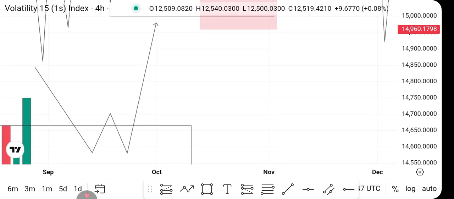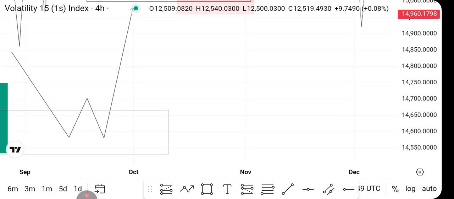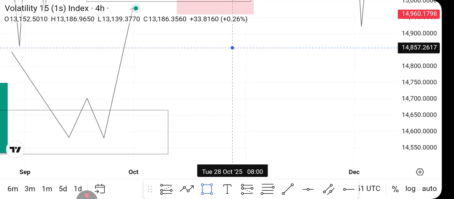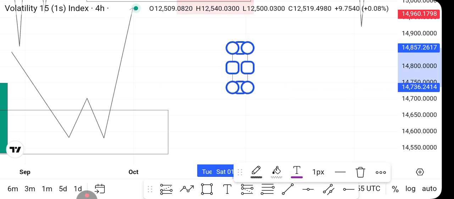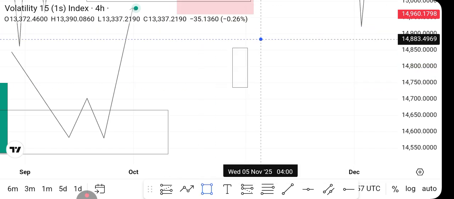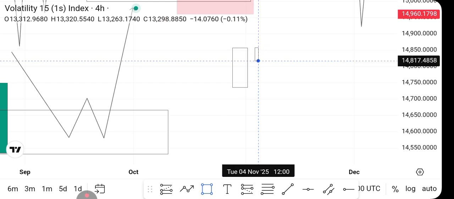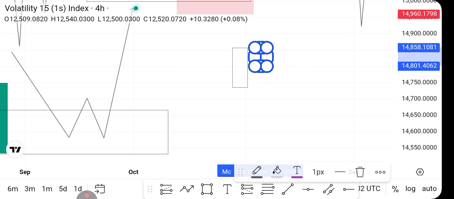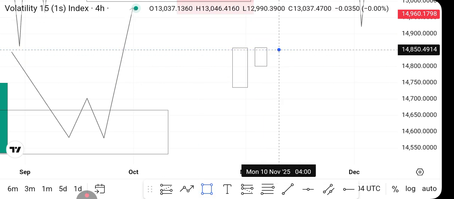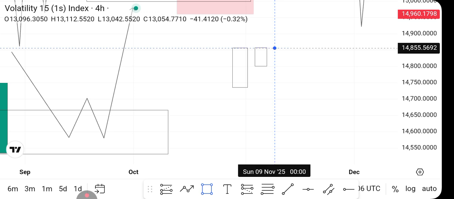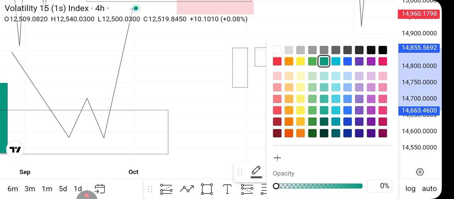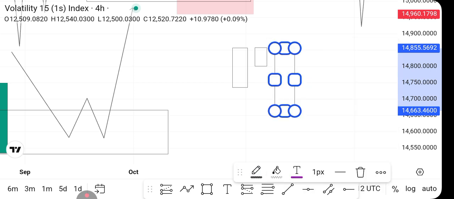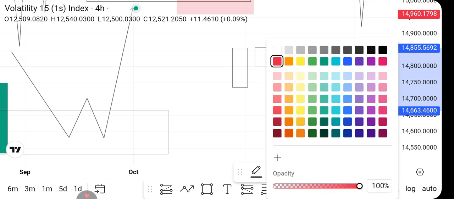So the evening star order block is this. You have a bullish candle and two bearish candles. One small one, this small one is sometimes a pin bar, most times a pin bar. So just make sure you see it in this form. The last bearish candle is always the biggest.